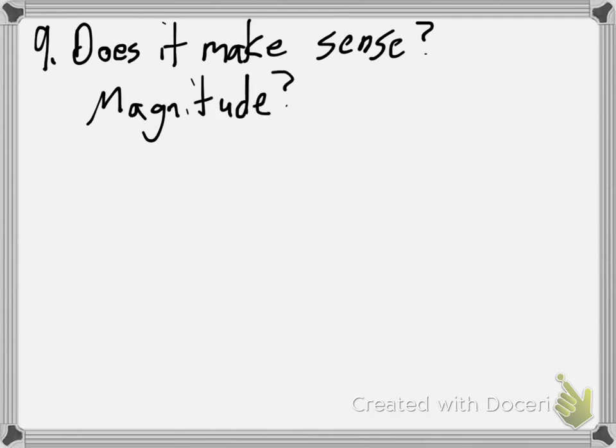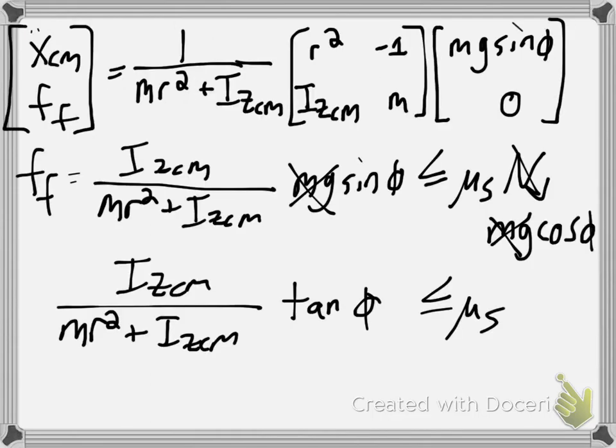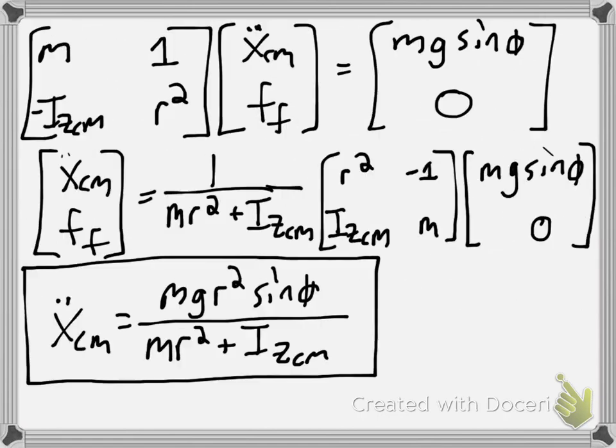Really what we're asking in this case is did they finish the way they were supposed to finish? The magnitude of the acceleration of the sphere was greater than that of the disk, which was greater than that of the cylinder. They finished in the order they were supposed to. The magnitude fits.